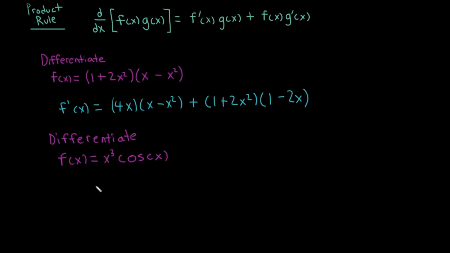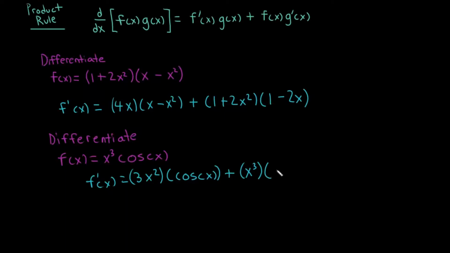So we take the derivative of the first function, so we take the derivative of x cubed, which is 3x squared, and we multiply that by the second function, which is cos of x, and we add that to f of x, which is just the first function, so x cubed, multiplied by the derivative of the second function.